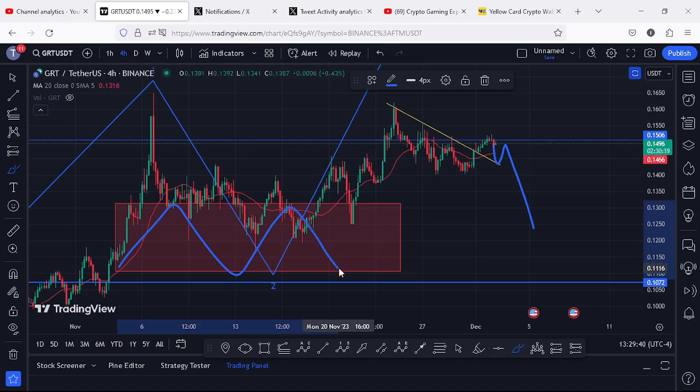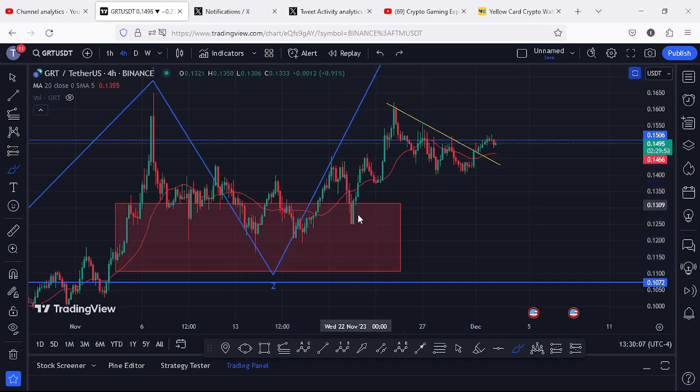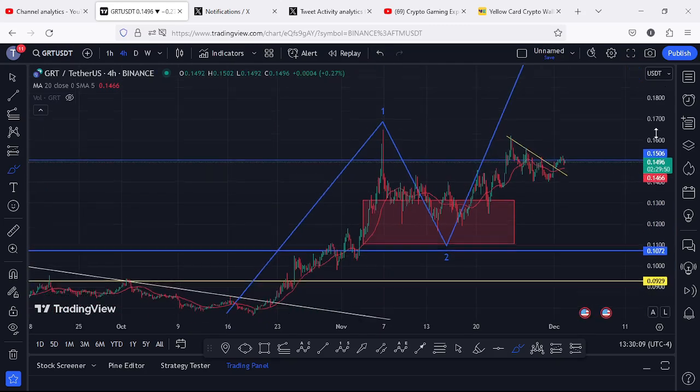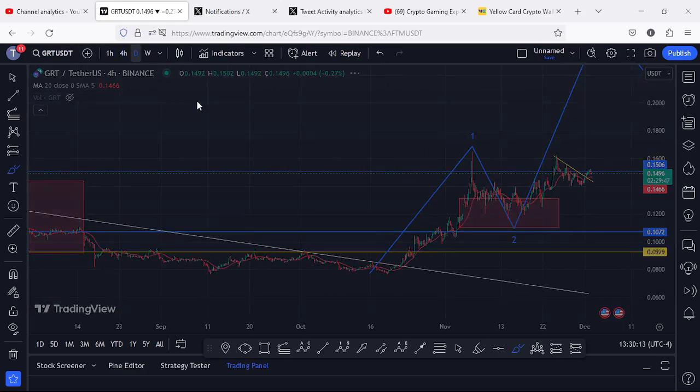As long as we continue holding within this area, we can still term that as the formation of this wave 2. Then in the next coming hours or maybe days, we can expect that impulsive move to the upper side to start once again and give us the highs in the formation of that wave 3 to the upper side. So that is what I'm keeping my eyes on in the short term here on the GRT chart.